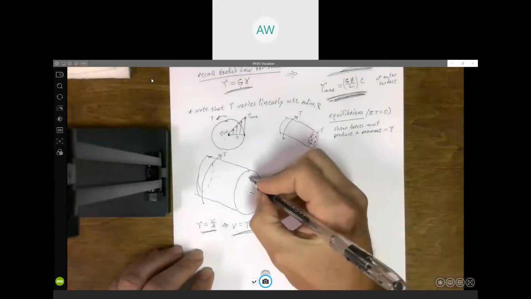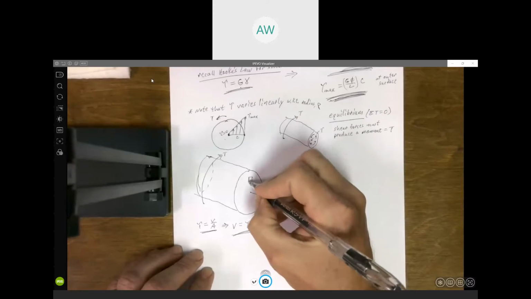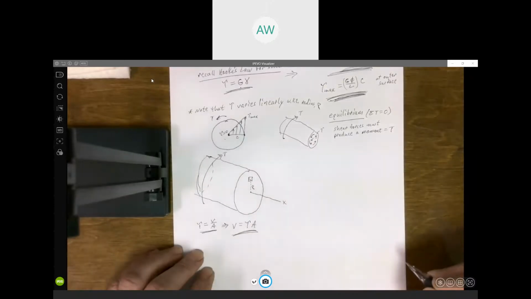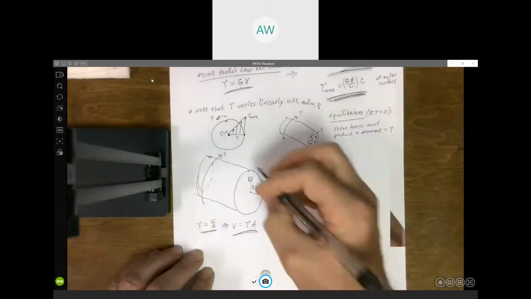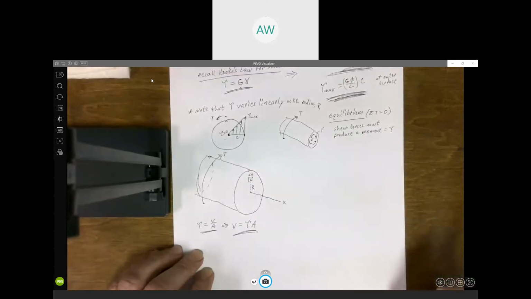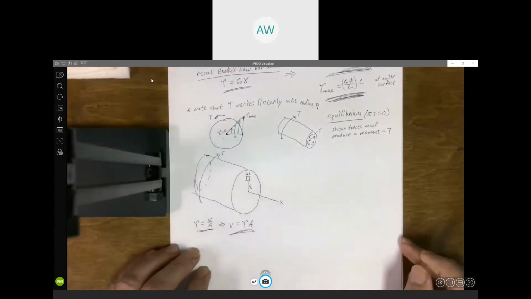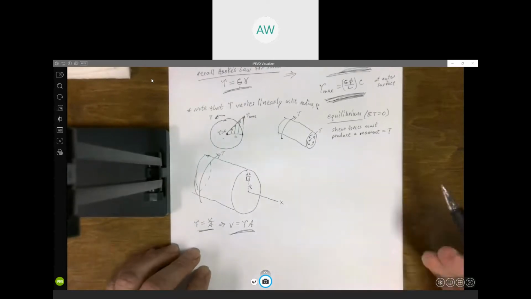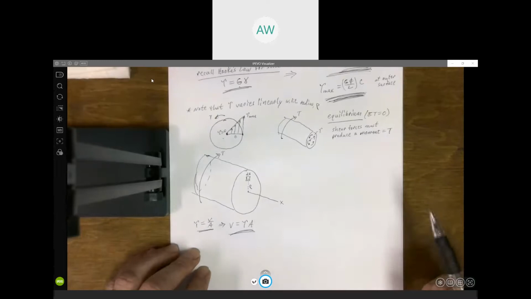So if we go up here some arbitrary distance, some arbitrary radius rho away from the center, and we look at some infinitely small differential area. Basically, we're going to take our circular cross-sectional area and break it up into infinitely many little rectangles. We call it dA.